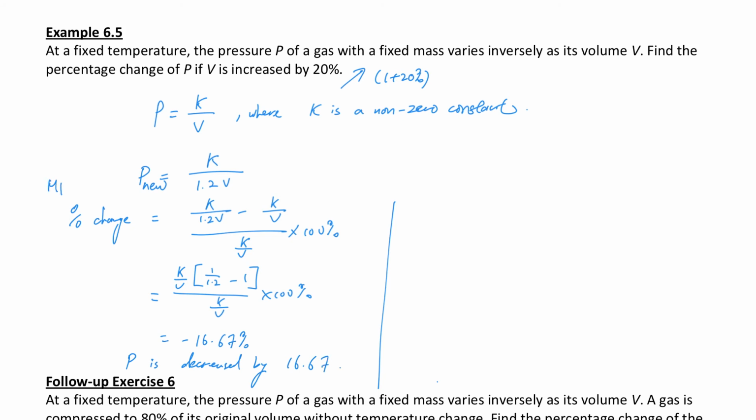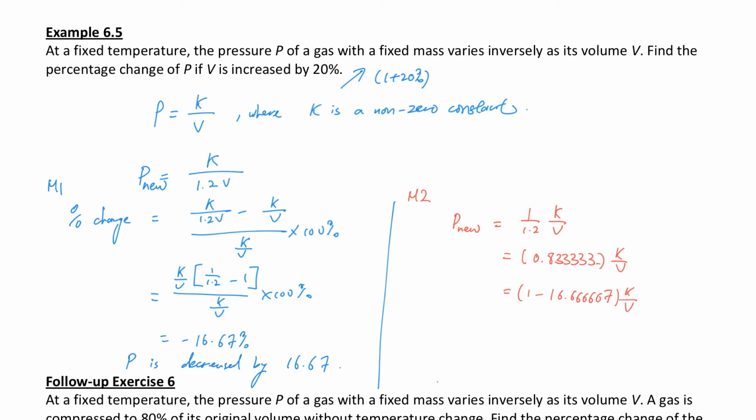Do you remember in our lesson we discussed method 2? I know P new is equal to k over V and 1 over 1.2. So 1 over 1.2 is equal to 0.83333. It's equal to 1 minus 16.67%.